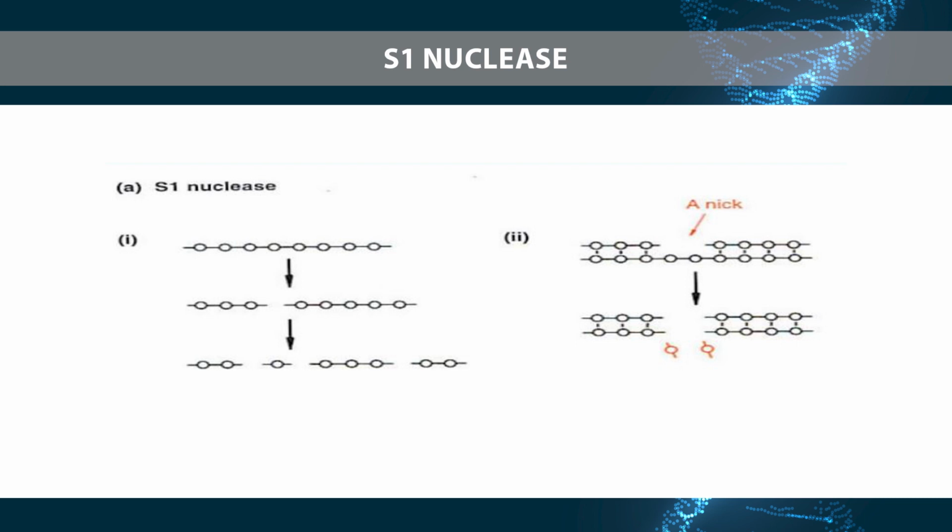Why? Because at a time it can cleave only a nucleotide from a single strand, and once the nick is created, then the second strand is exposed for the nucleotide bases to be degraded by S1 nuclease. So, one by one both the strands' nucleotides are removed, and we can say there is the separation of nucleotides between the two strands with the help of S1 nuclease.